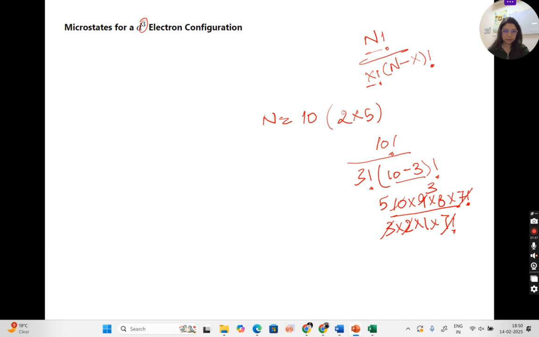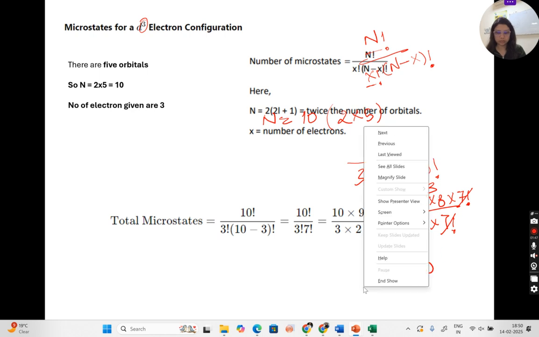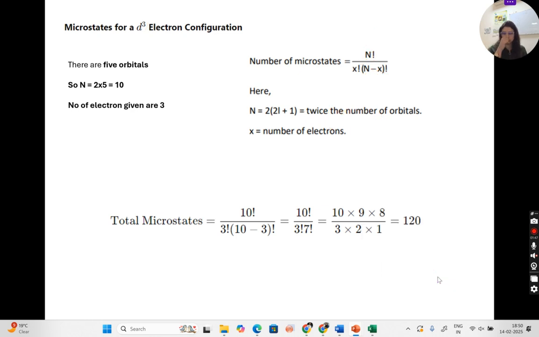So simple maths. By solving this, we'll get the answer 120. In both cases, it's not 20 and it's not 1140. It's simply 120 microstates.